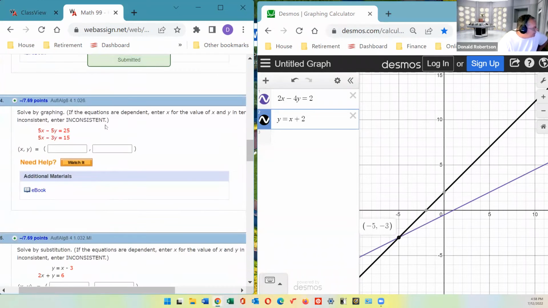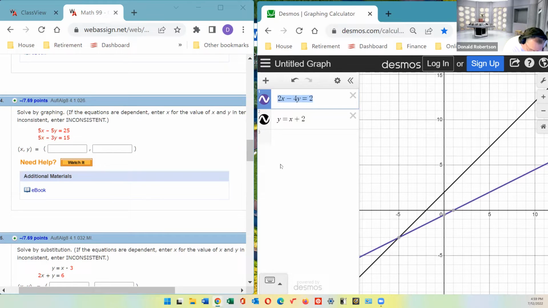Okay, let's have a look at this one. So they all have the same phrase, solve by graphing. If the equations are dependent, enter x for the value of x and y in terms of the other one. So let's try this one, because I'm pretty sure this one is going to have a problem.